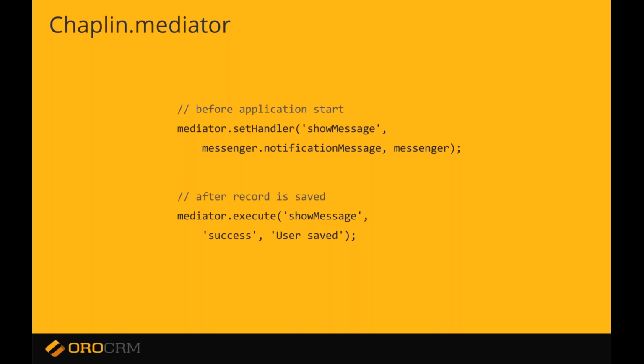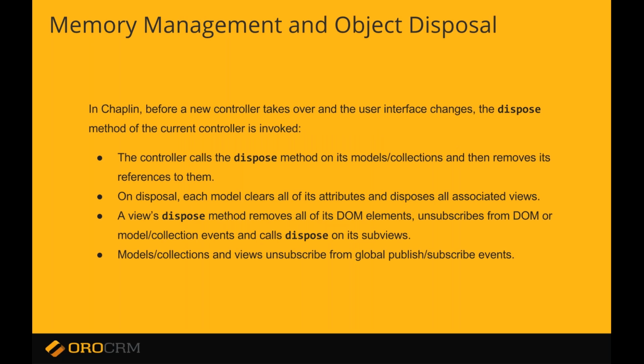And in other places, we just require the mediator and execute the handler show messages, but we don't know who implements it, or what module implements it, and it can be easily overwritten if some customizer wants to show messages differently from the base implementation. So it's some kind of dependency injection container. So we can work with it.